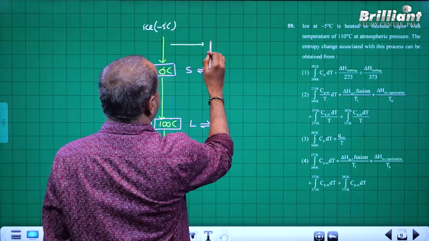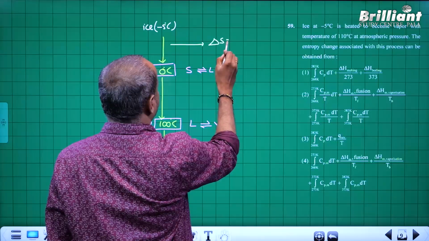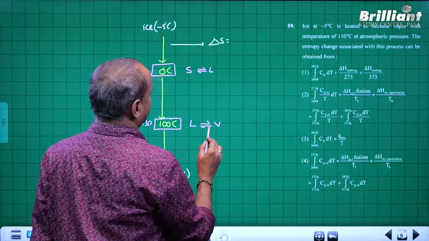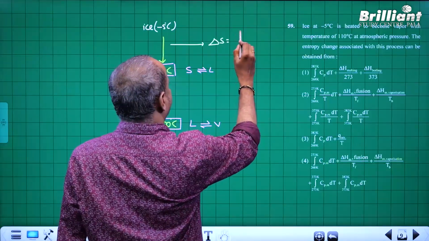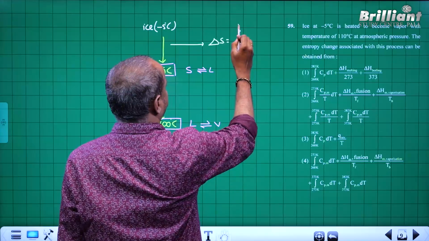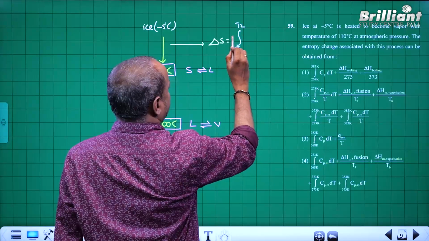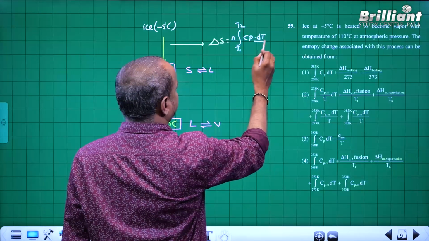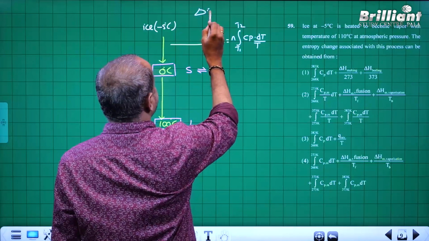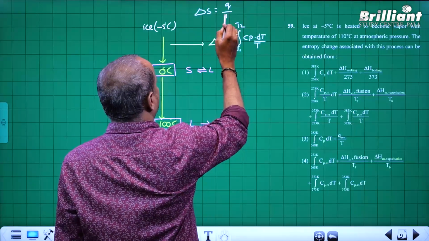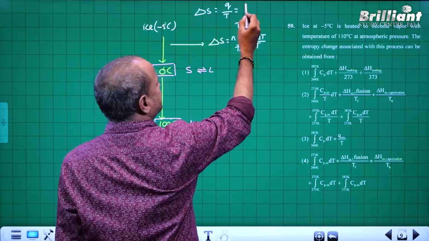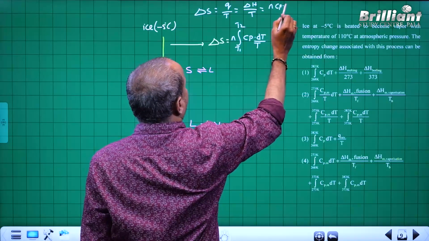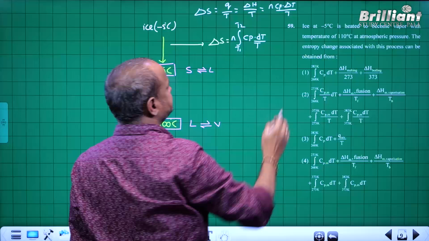First step, delta S is equal to the integral from minus 5 to 0 degrees of Cp dT by T, because delta S is equal to Q by T. Q at constant pressure is delta H, so delta H equal to n Cp delta T by T. Okay.